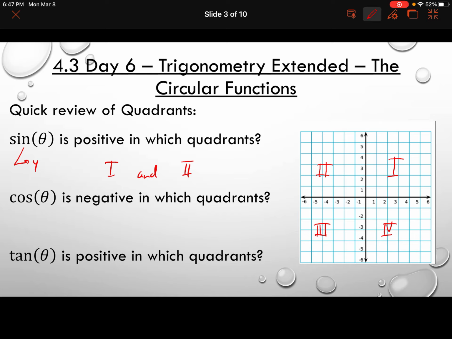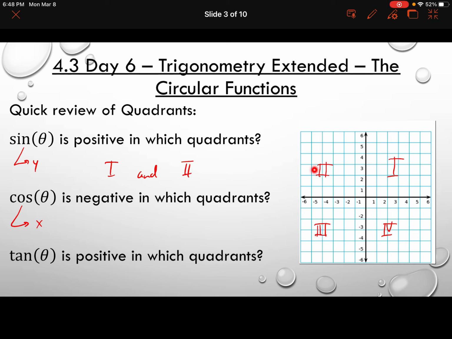Now, what about the next question? When is cosine of theta negative? Well, we know cosine of theta, at least when talking about the unit circle, which is also on an xy coordinate grid, is equal to the x value of the point on the unit circle. So in other words, when is the x value of a point negative? Well, the x value of a point is negative whenever you have a point to the left of the y-axis, right?